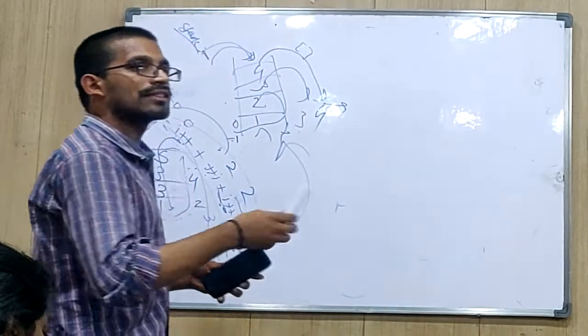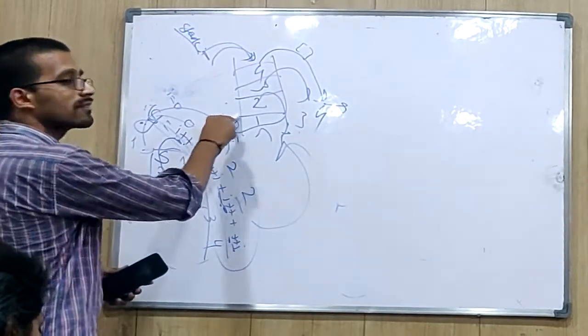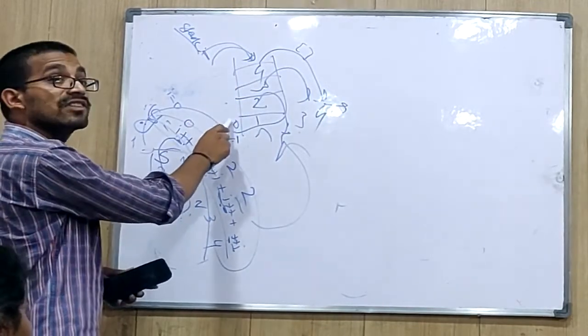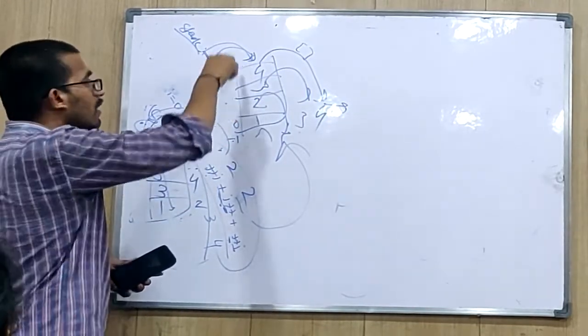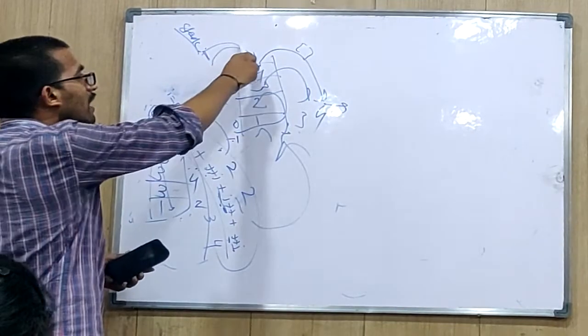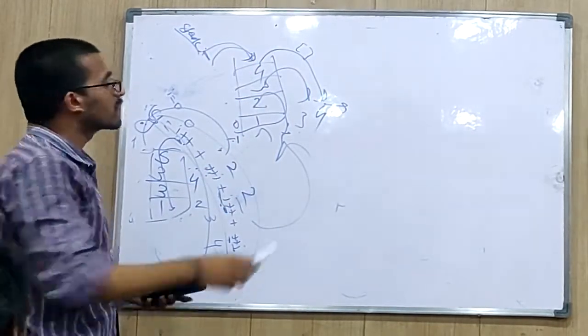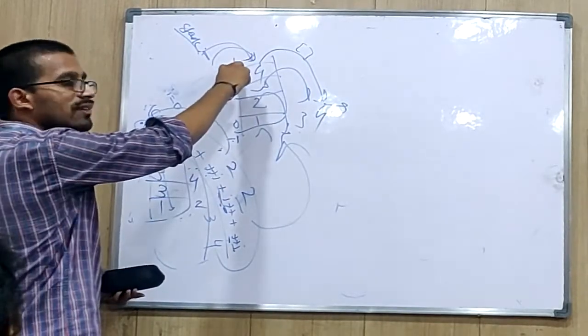Push and pop status: what is the status of the pointer? If the status is max minus 1, because it starts with 0, maximum means the size, right? Array also starts with 0, so index 0 to max minus 1 means it is full.